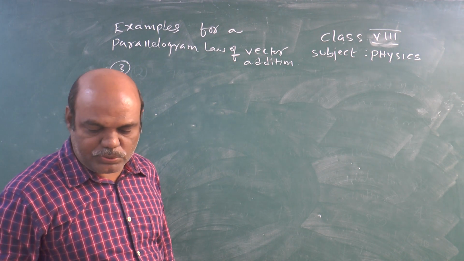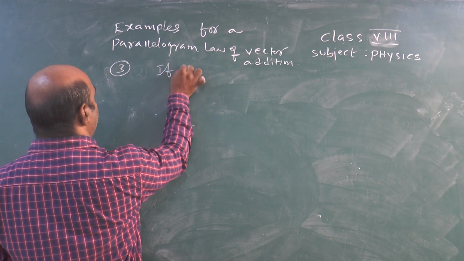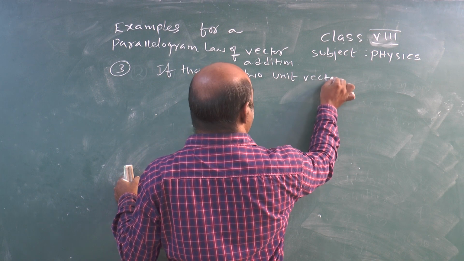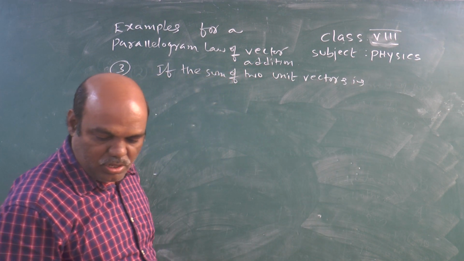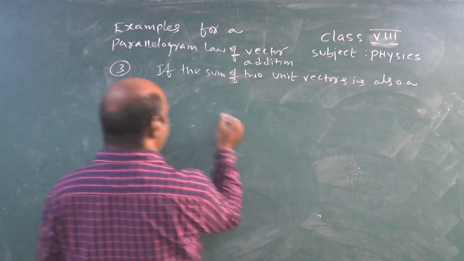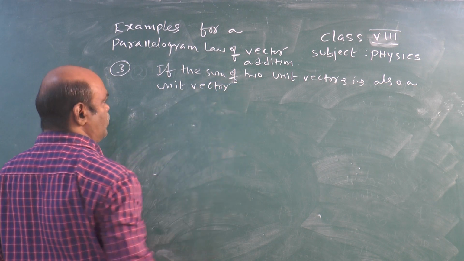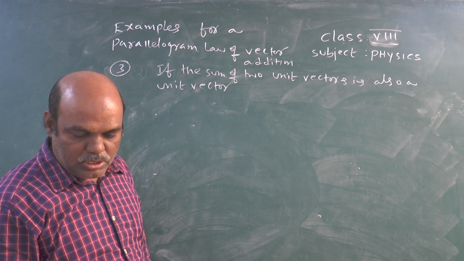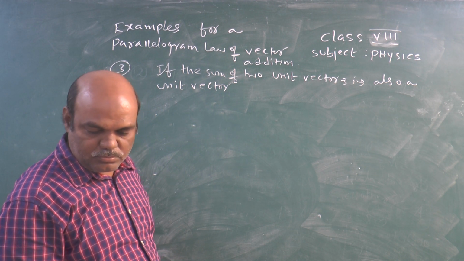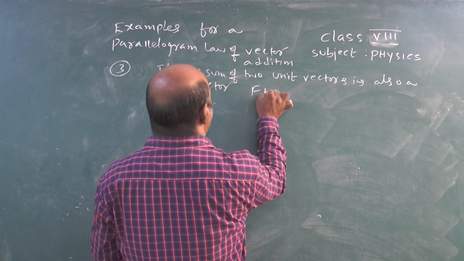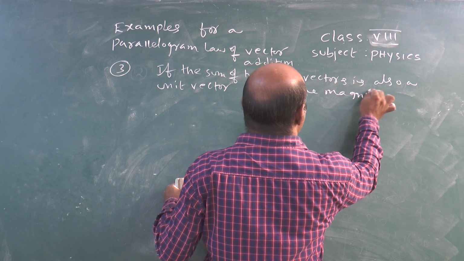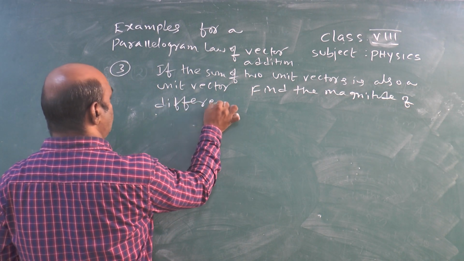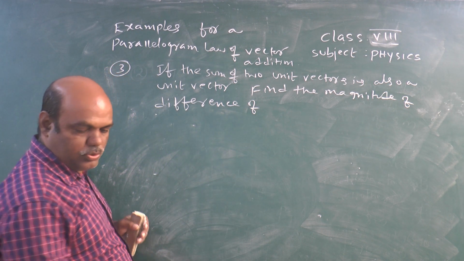If the sum of two unit vectors is also a unit vector, find the magnitude of the difference of the two unit vectors.